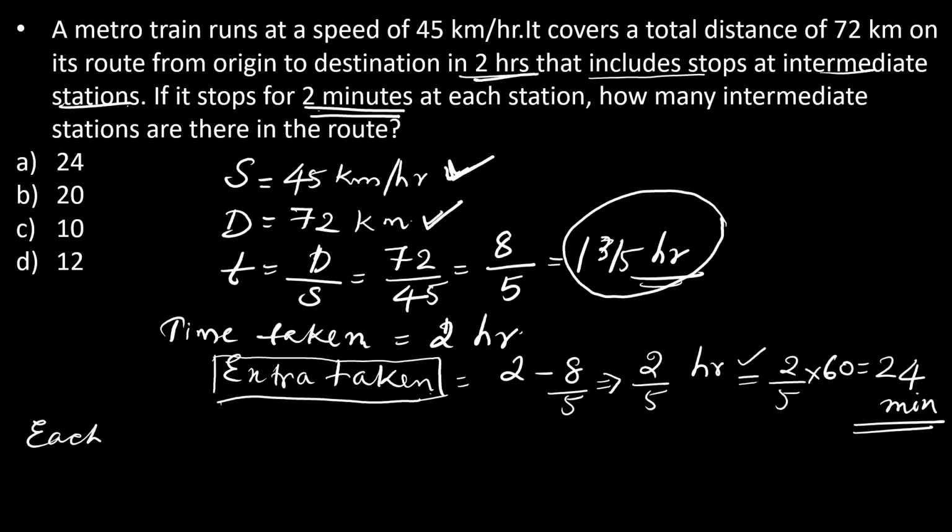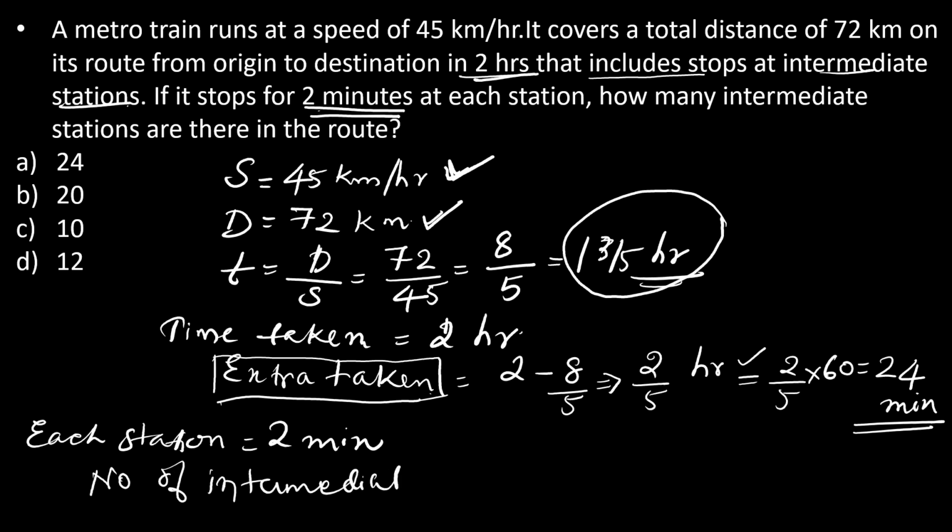And the total time taken at the intermediate stations is 24 minutes. Then how many intermediate stations are there? Number of intermediate stations would be 24 by 2, which is 12. Okay, so the answer is 12.